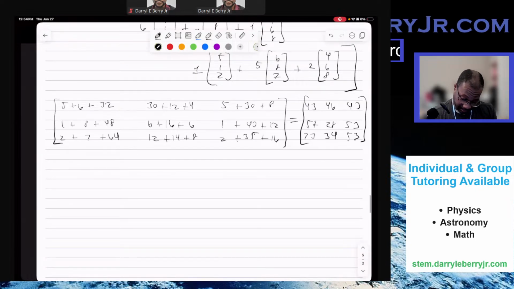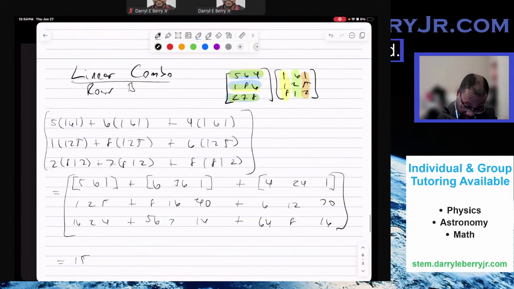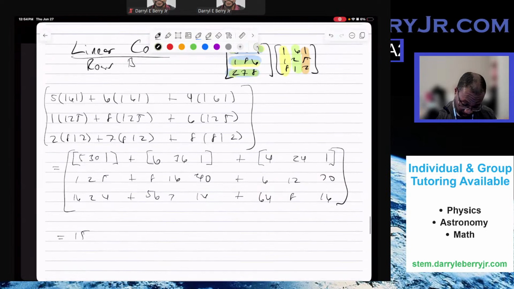Let's see what I did wrong. All right, so I think I'm doing a linear combo with rows incorrectly. Let's see here. Oh, this is what I did. This is 30. It comes up incorrectly.